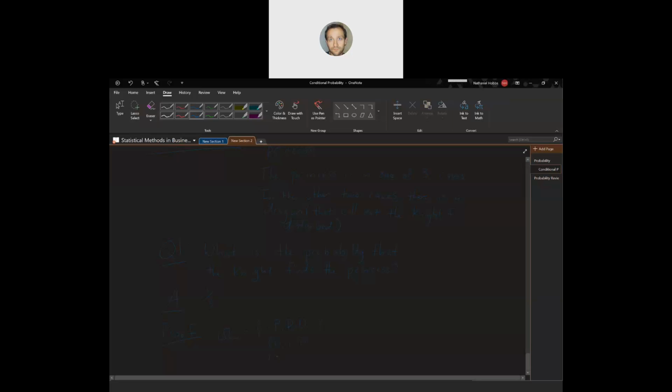Let's see. Okay, so one possible event is the princess is in the first cave.